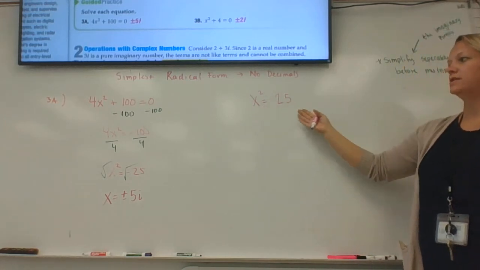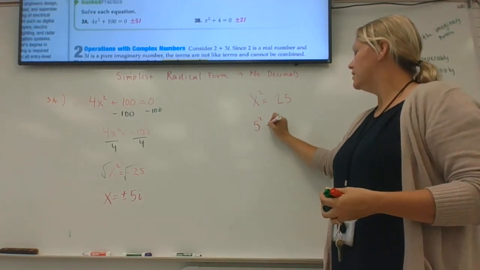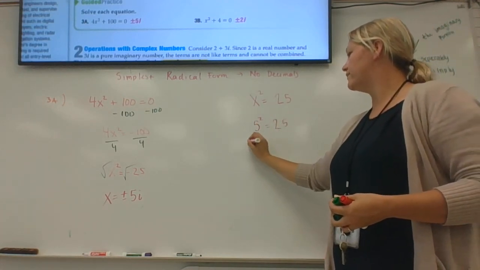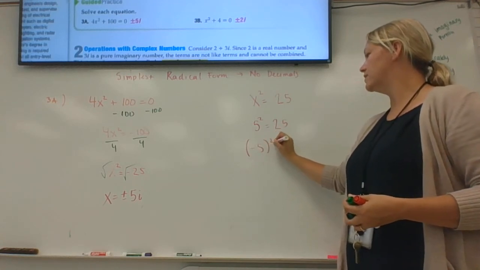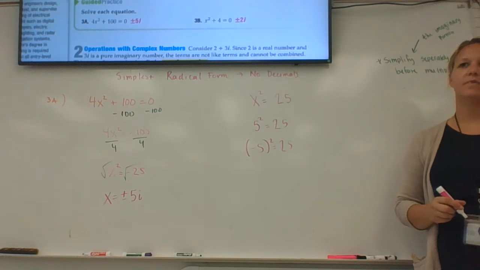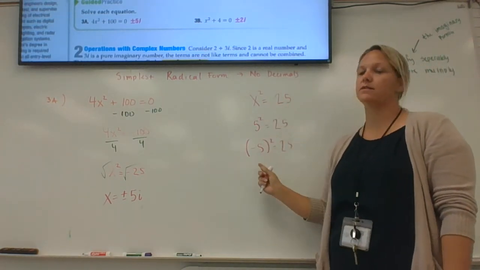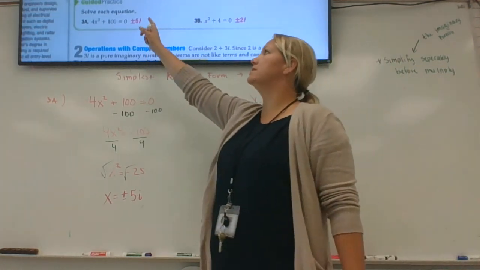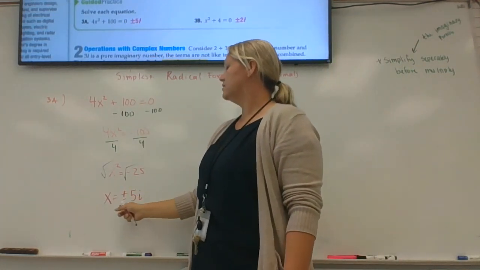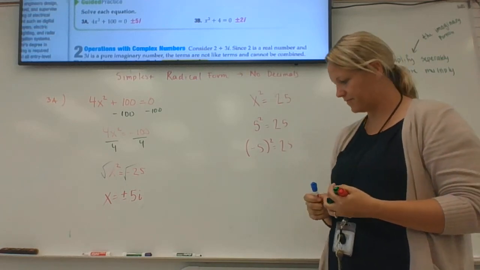Like, scenario-wise, what would make this true? Well, 5 squared is 25. Also, negative 5 squared is 25, right? So when you're solving by square rooting, you show that it could be a positive or negative using this plus or minus sign. That's solving by square rooting, plus or minus.